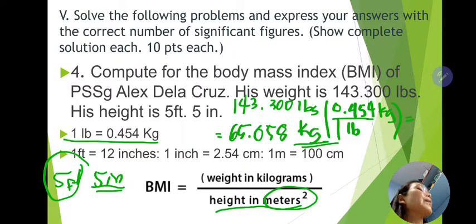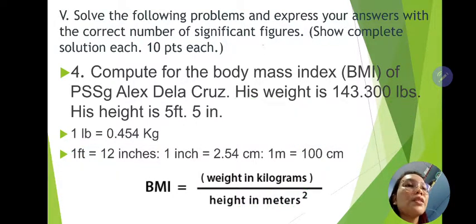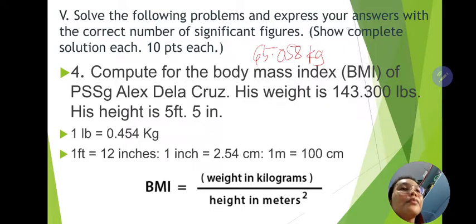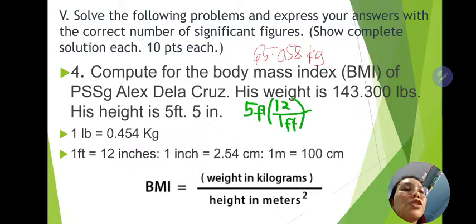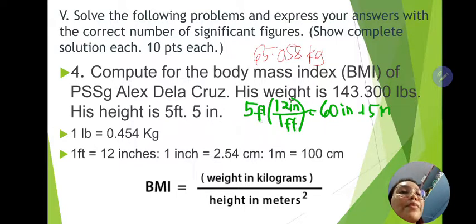So, 1 foot equal to 12 inches. So, that will be 60 inches plus 5 inches. So, we have 65 inches.